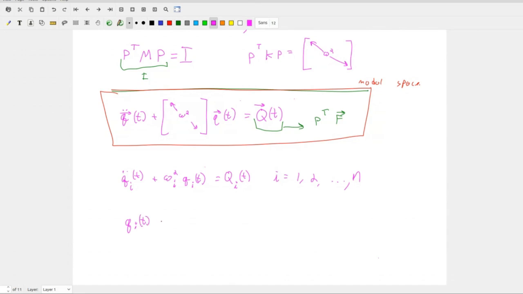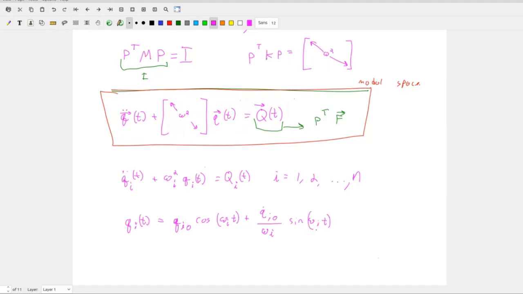Qi of t is equal to Qi initial, so Qi0, cosine of omega i t, plus Q dot velocity i0 over omega i sine of omega i t.